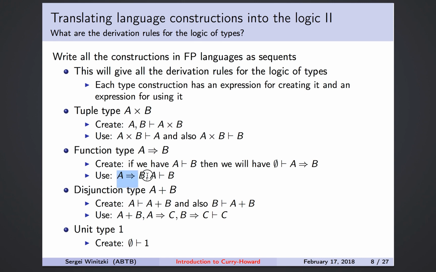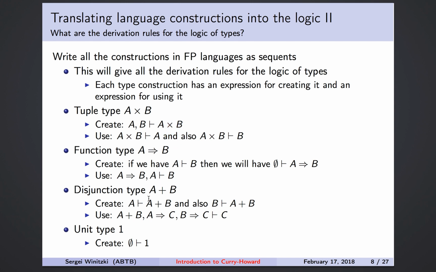And as I said, sequents do not say how this is implemented in code, but we need to keep in mind that each sequent that is proved really means that we are able somehow to write code representing these types as the sub-expressions or variables, and this as the type of the entire expression.